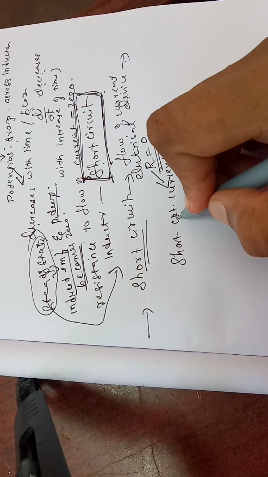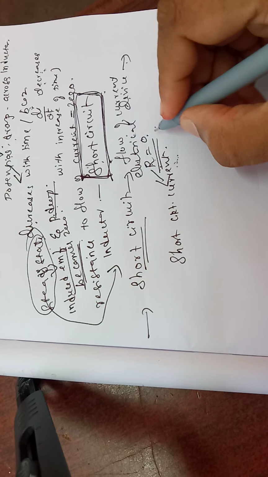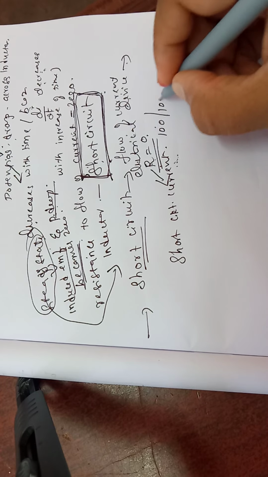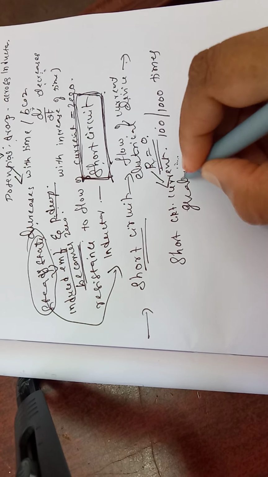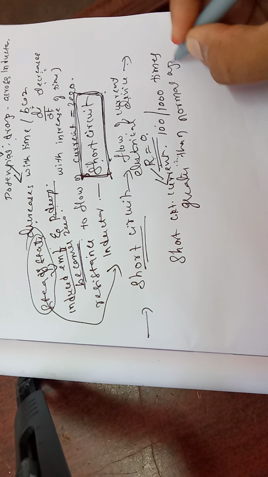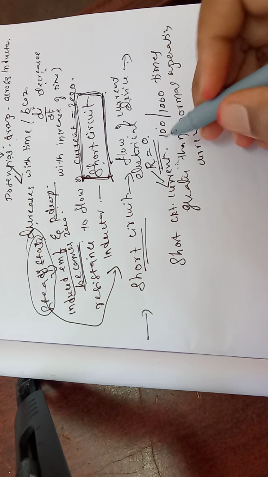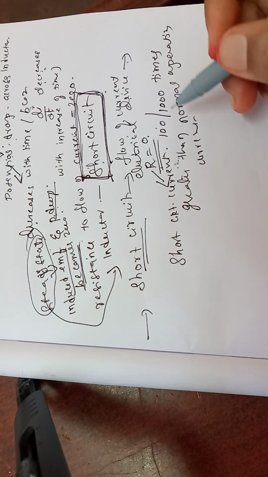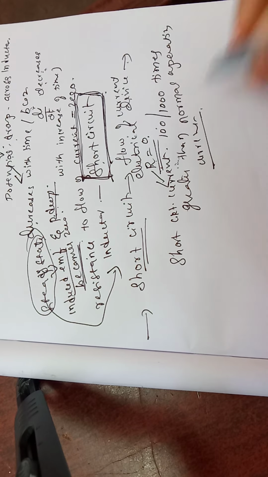When resistance becomes 0, this short circuit current is some 100 or 1000 times greater than the normal operating current.